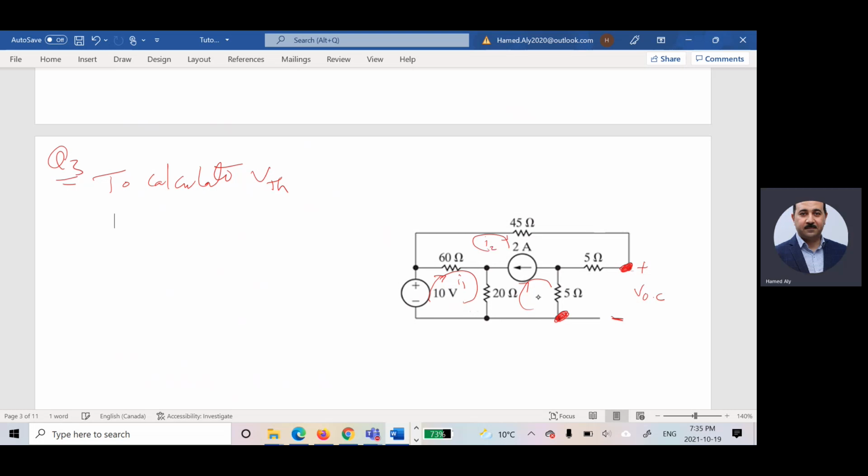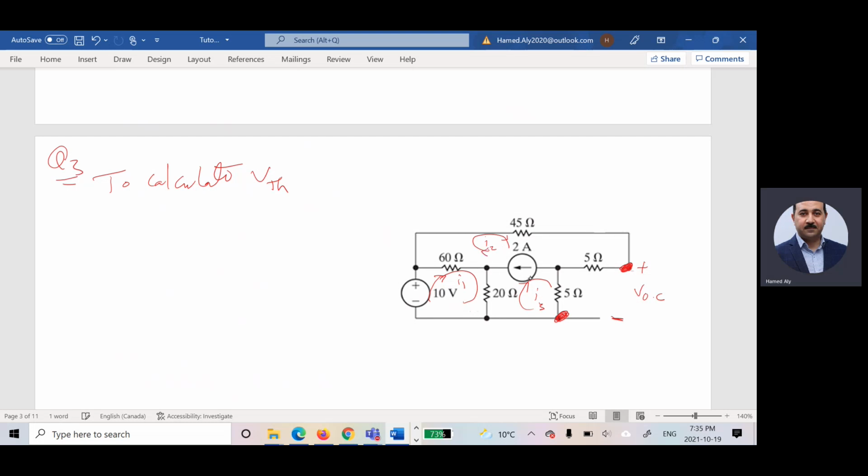Yes. This current will be I3. But I have relation between I3 and I2. I2 minus I3 or I3 minus I2 is equal to 2. Which is which?